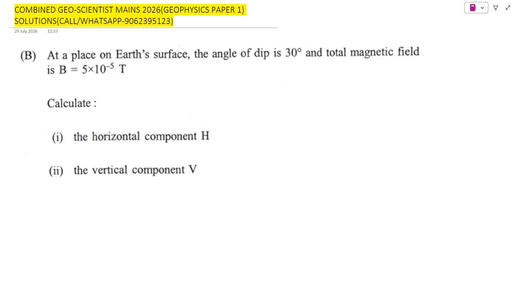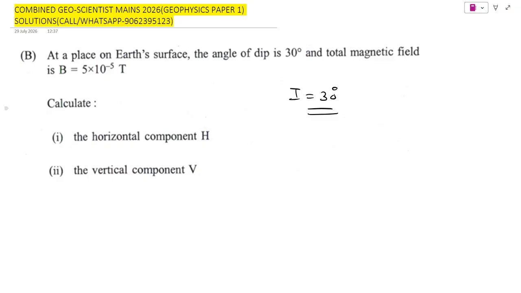The angle made by the magnetic field with the horizontal plane is called the angle of dip or magnetic inclination. In this question, I is 30 degrees, which means the magnetic field is inclined 30 degrees below the horizontal.